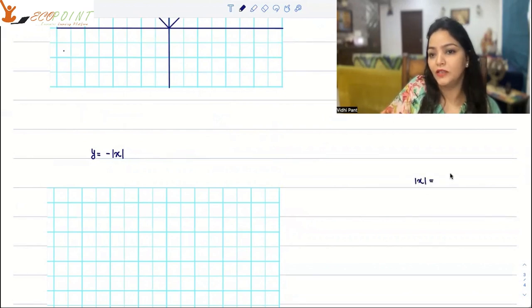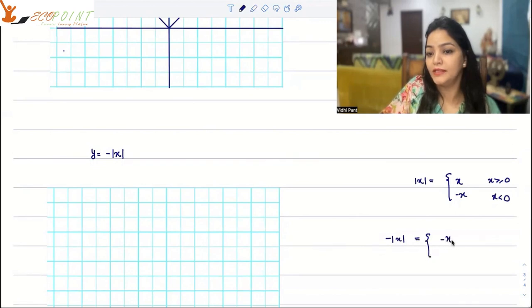Modulus of x is equal to x when x is greater than or equal to 0 and minus x when x is less than 0. Now, minus of modulus of x will become minus x when x is greater than or equal to 0, and it's going to be x when x is less than 0.